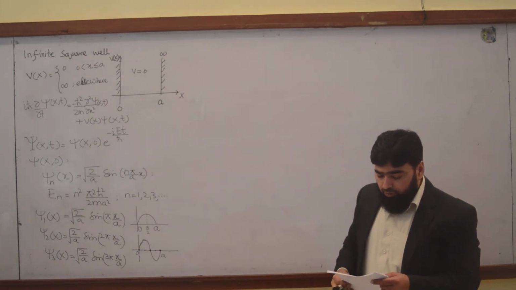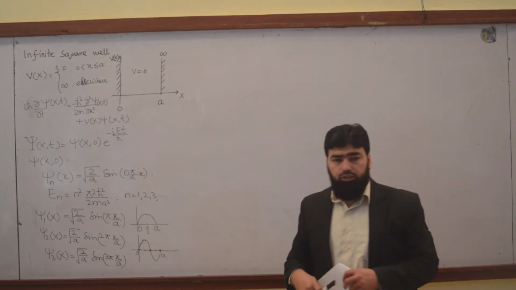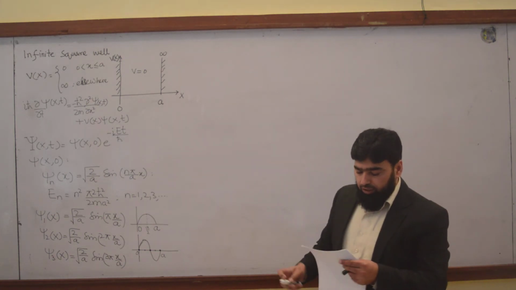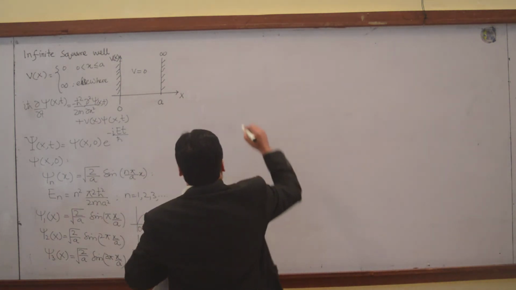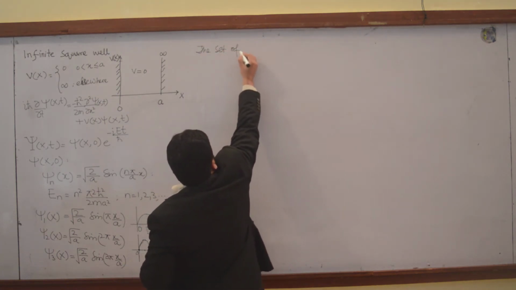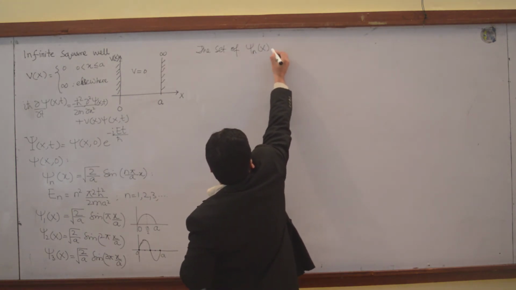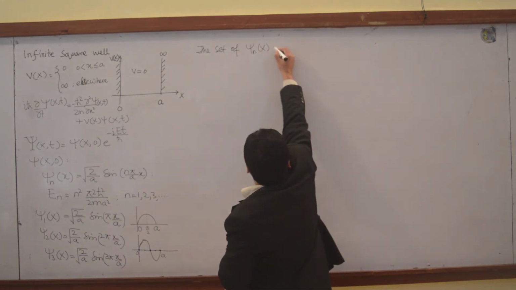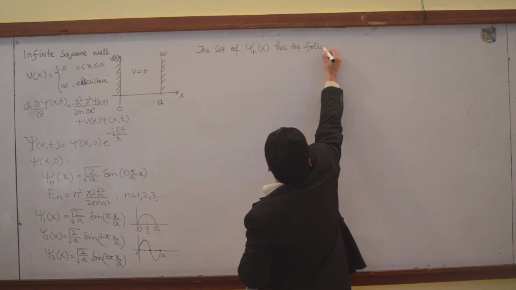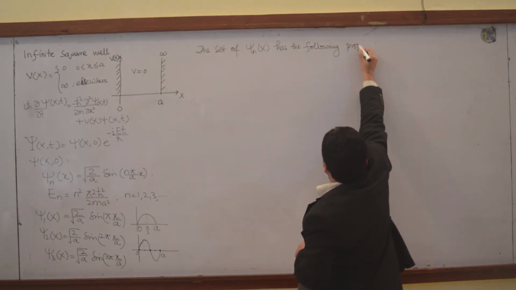And now we actually study some properties of these states. What are these states? So the very first one, the set of psi n's of x has the following properties.